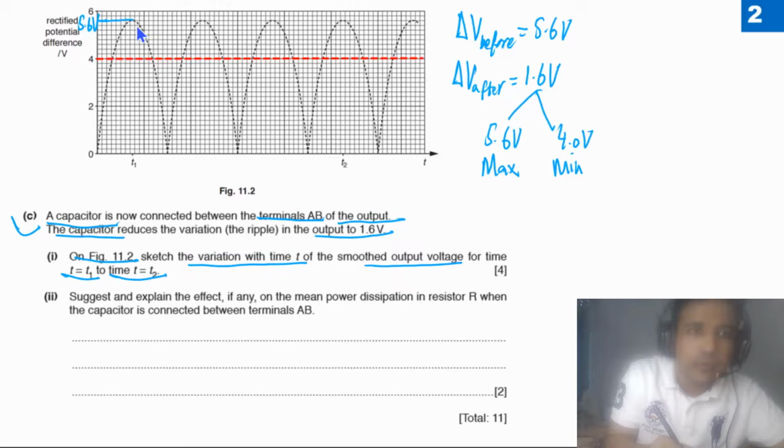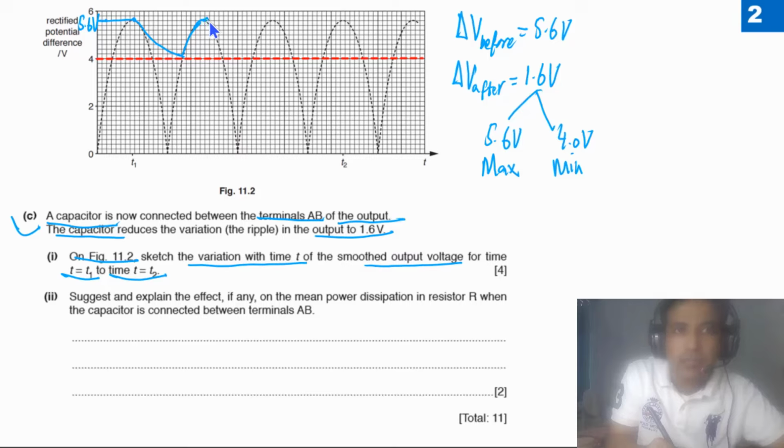Now we need to sketch the curve. It will reduce when capacitor will be discharging. PD across resistor will decrease to this value. Then capacitor will charge, PD across resistor will increase. It will reach 5.6.